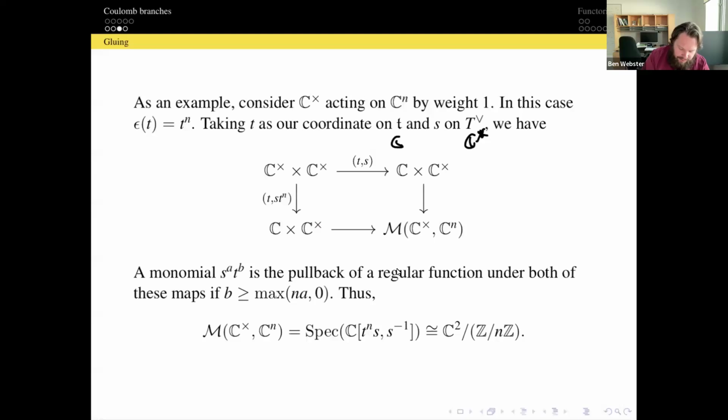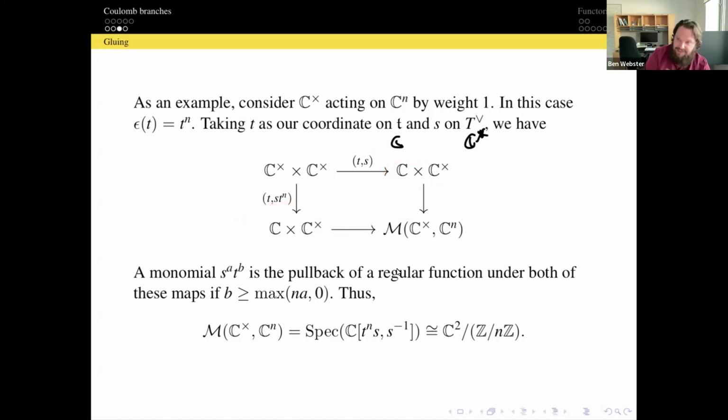And if you go through this intersection description for doing this pushout, then what you'll find is that you get spec of S inverse. So that's okay, but I have to get t to the n times s. So I need to have a function that's a pullback of a regular function on here and a regular function on here.